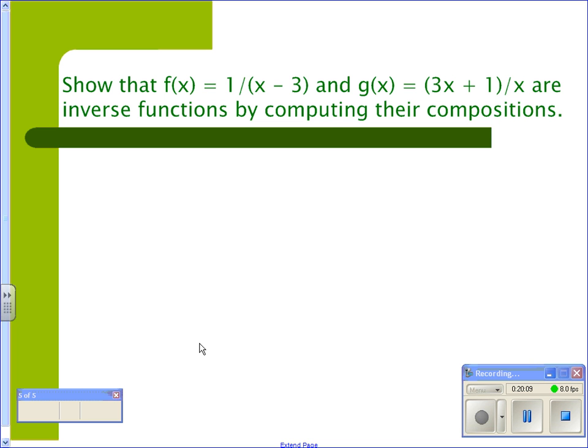Does someone want to go work f of g of x? Nobody wants to practice? You want to, Bailey?